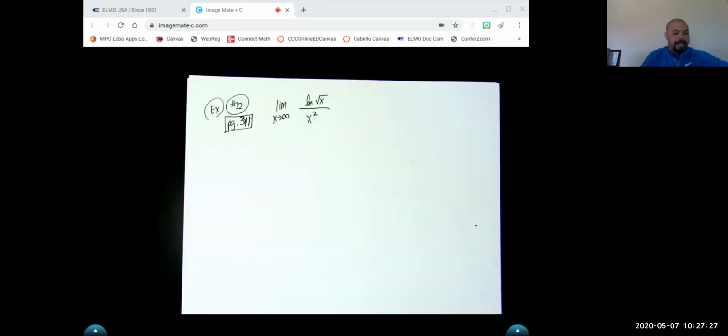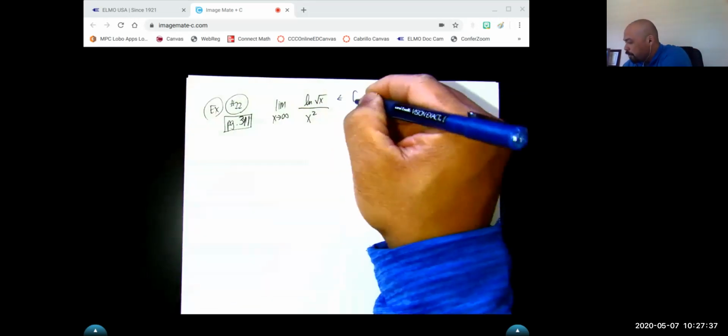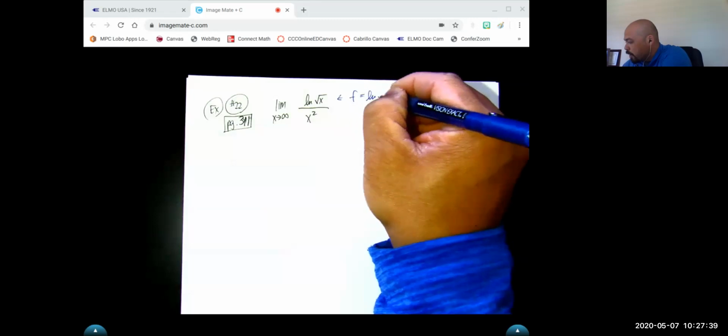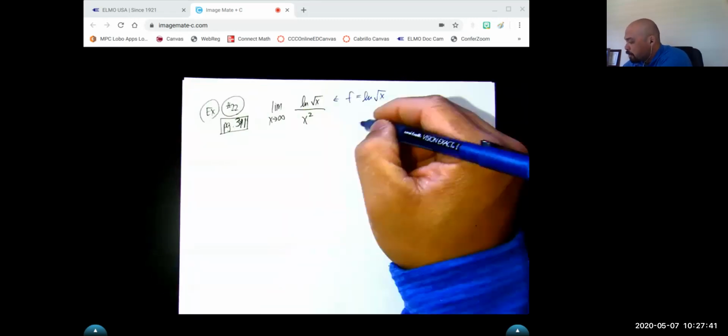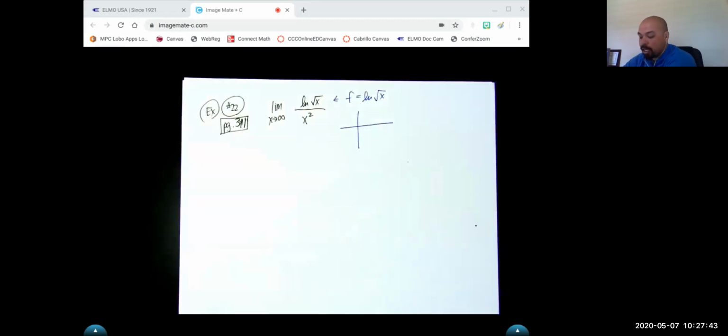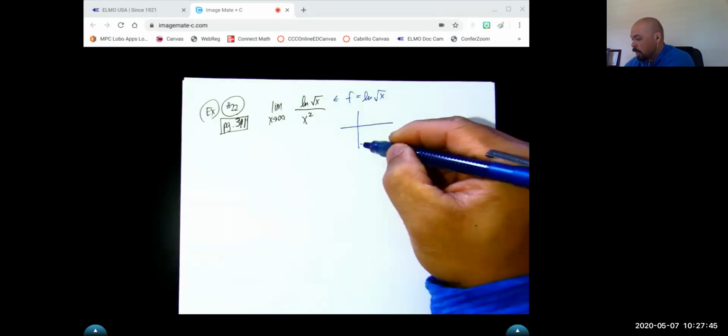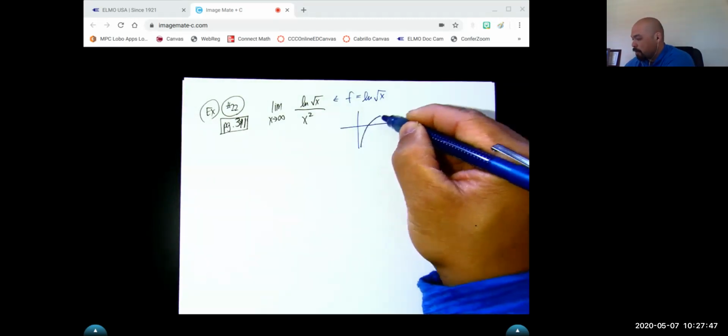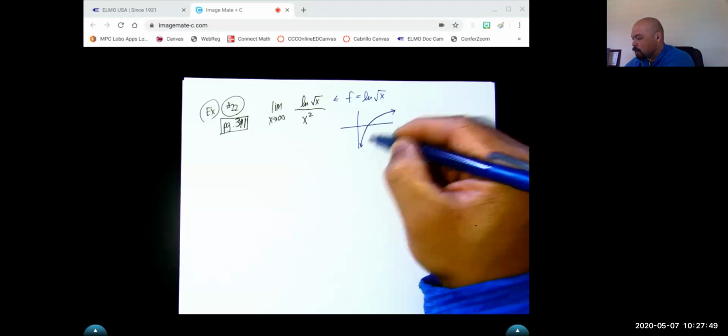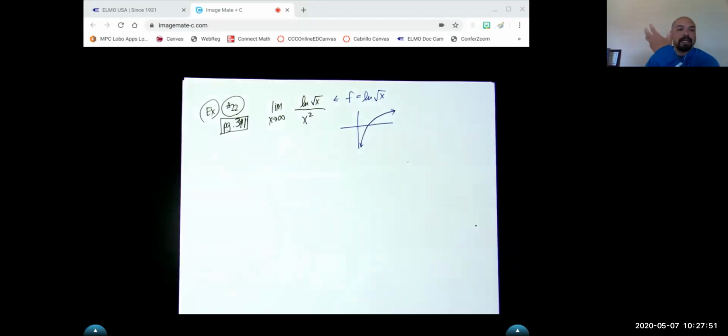But what we can see in this function, thinking about these two functions: if this is my f, the natural log of x, the graph of the natural log in general is that arcing curve going upwards. By taking the square root, this might alter how rapidly it's increasing.